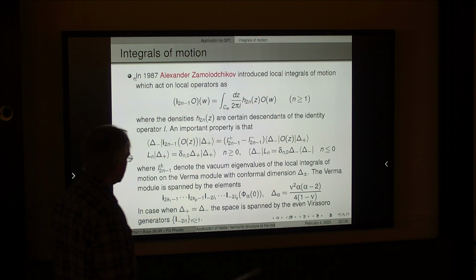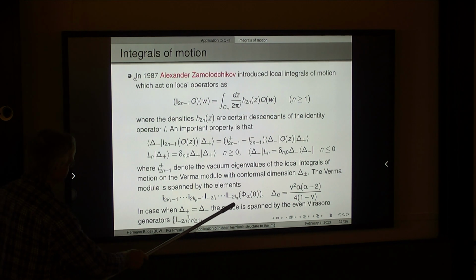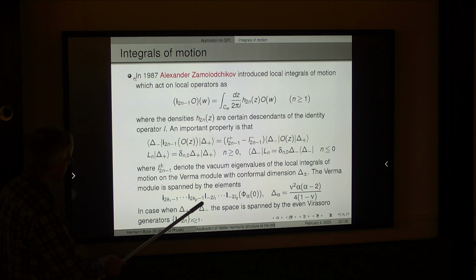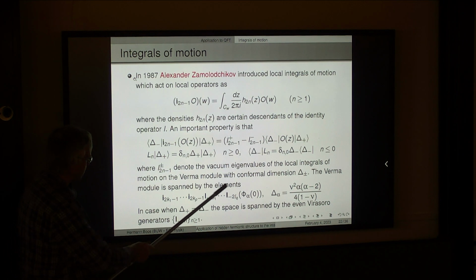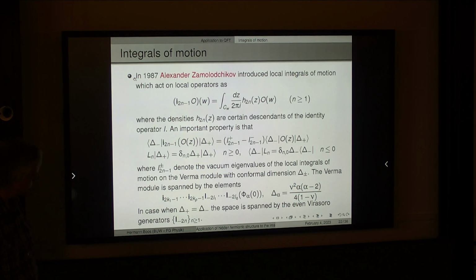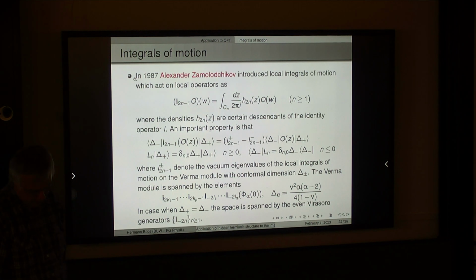So the Verma modules are spanned by the following elements. This is also a kind of conjecture, if I understand. The Verma modules can be spanned by the following elements: you take the product of the local integrals of motion and the product of Virasoro generators with even indices.